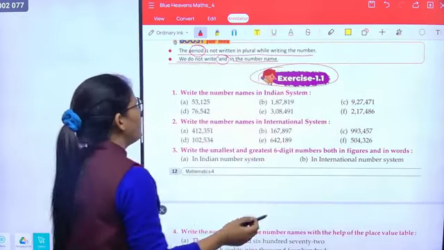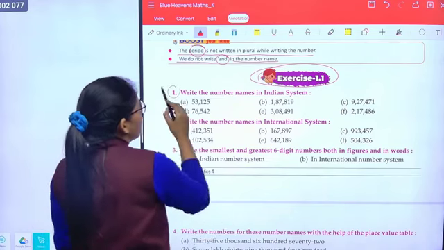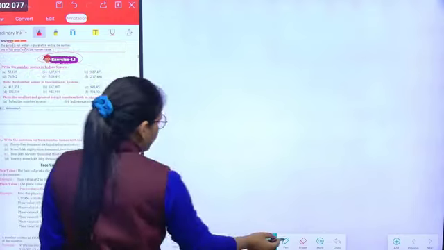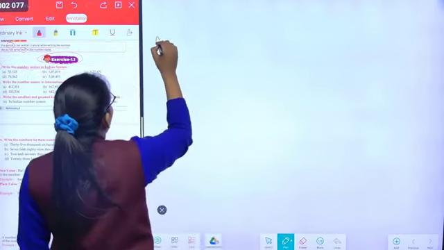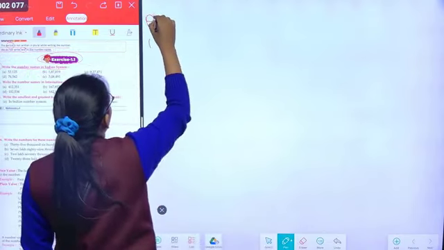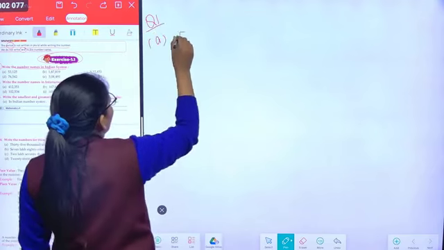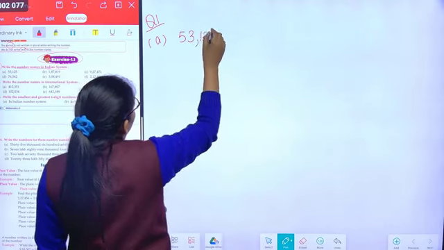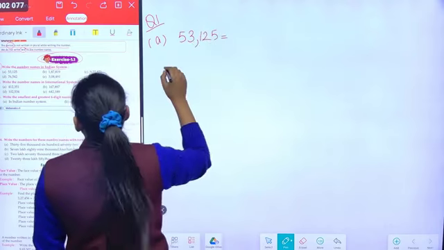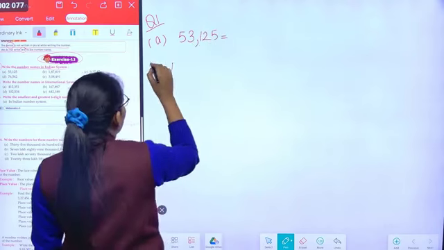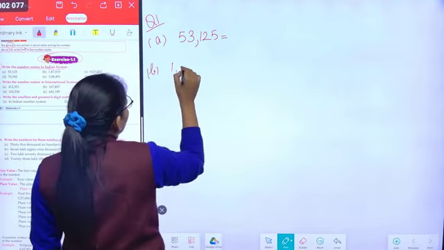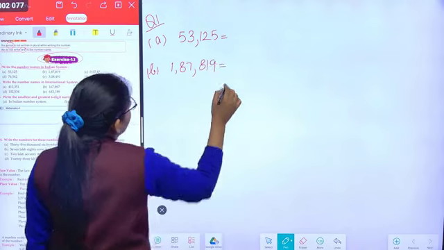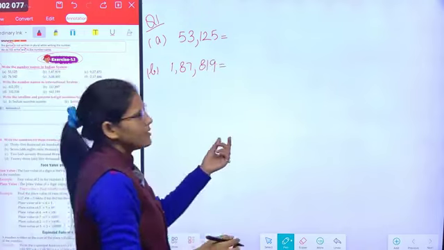Now exercise 1.1. Question number 1. Write the number names in Indian system. Now class, A part of the question number 1. Now 53. Yes. Now B part. Understand, we have to write in Indian system.